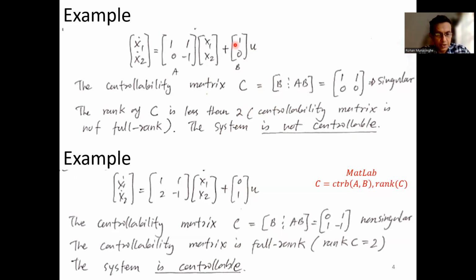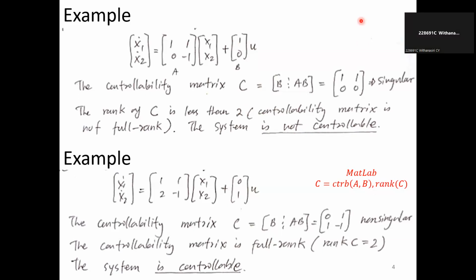Dhananjay, is that clear to you? Yes, sir, it's clear. Okay. Then Tilanka, is it clear to you? Yes, sir, it is clear. All right. Then Vitanasiri. Yes, sir, it is clear.